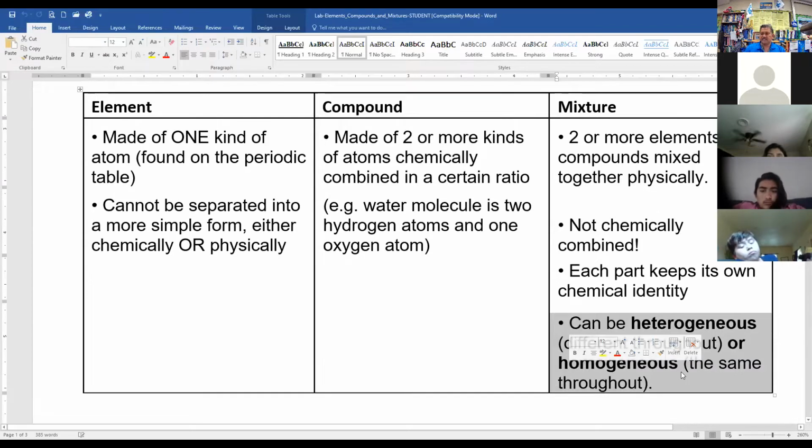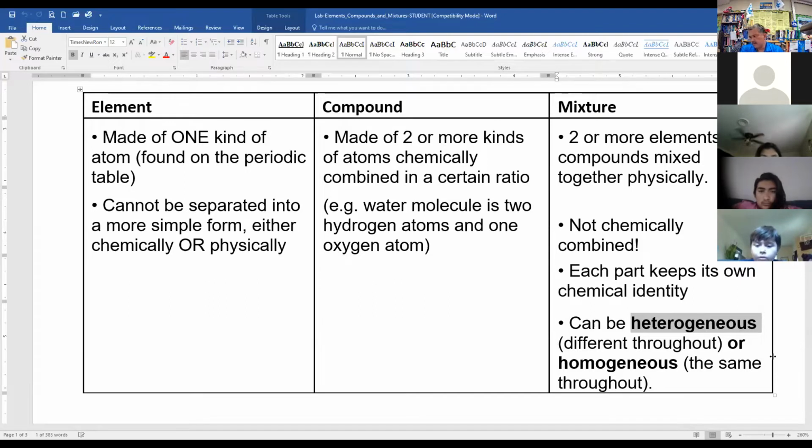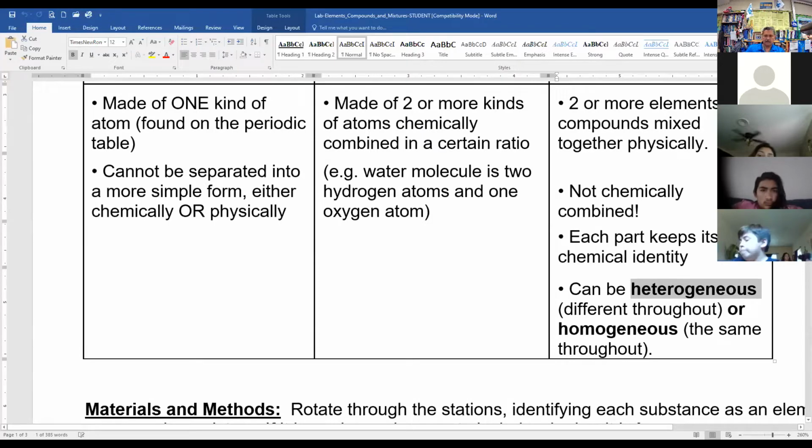So we have a homogeneous mixture. But if you can look at it and it looks like it has different parts, that's called a heterogeneous mixture. A heterogeneous mixture would have different parts that you could physically separate by looking at them and pushing one to the left and one to the right. So that's a heterogeneous mixture and a homogeneous mixture.